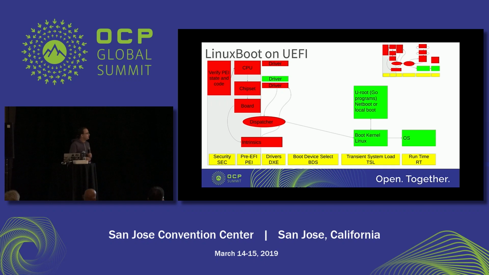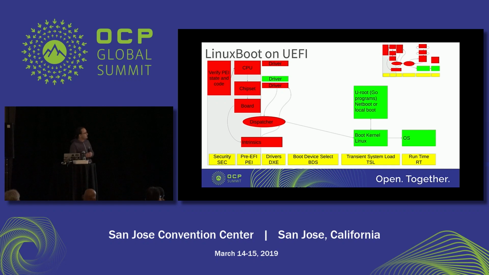So what we've done is we've taken a small Linux kernel, and we embed it in UEFI as a UEFI application. It gets wrapped in a little PE32 executable header. It looks just like a normal PE32 executable to UEFI, and when it goes to run it, that's what you actually get, right? You get Linux.